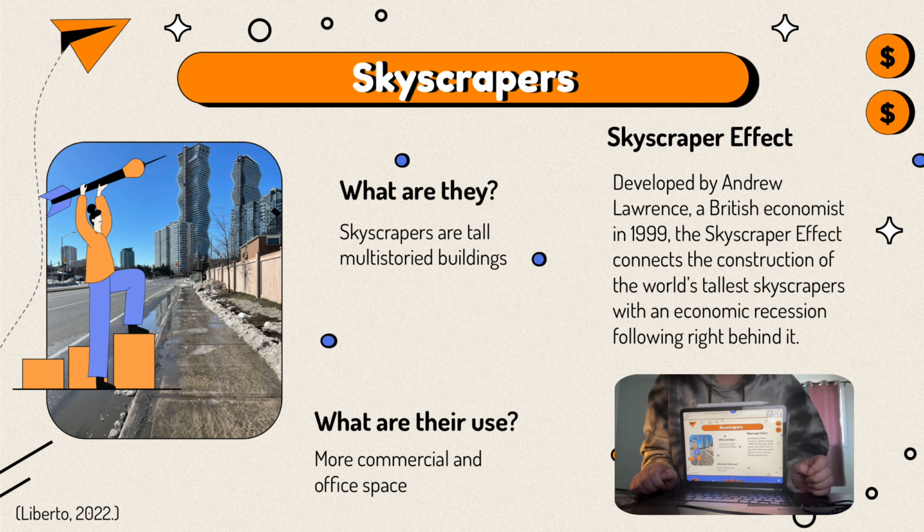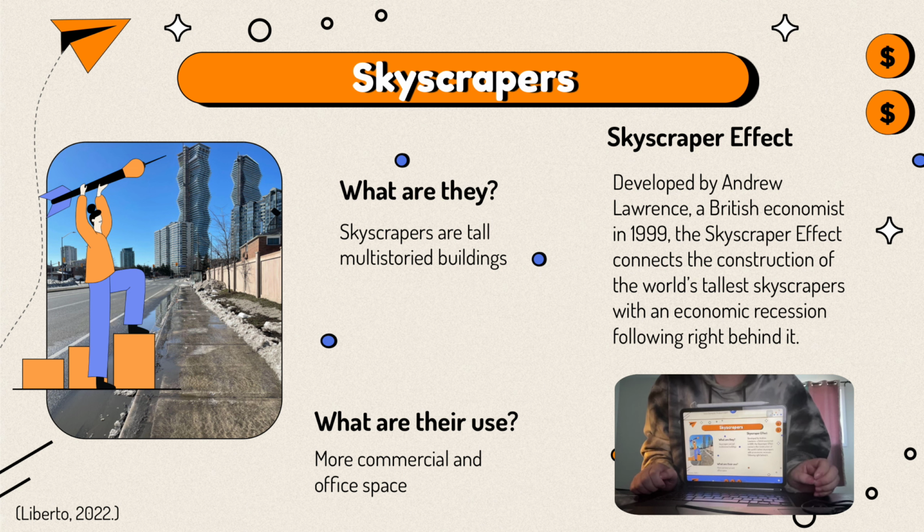So here's a British economist called Lawrence, who researched the skyscraper effect for 13 years, and his findings show a worrying trend. The skyscraper effect is a phenomenon in which construction of skyscrapers is followed by an economic downturn.